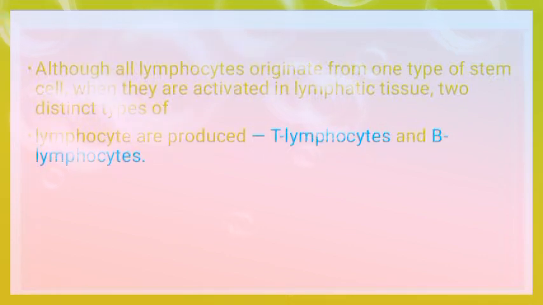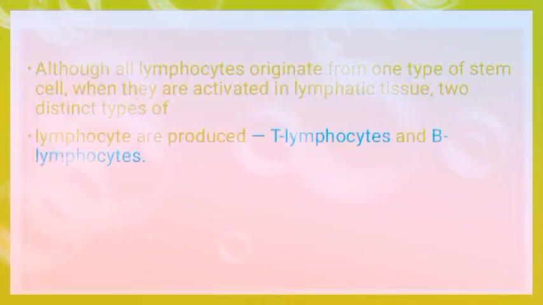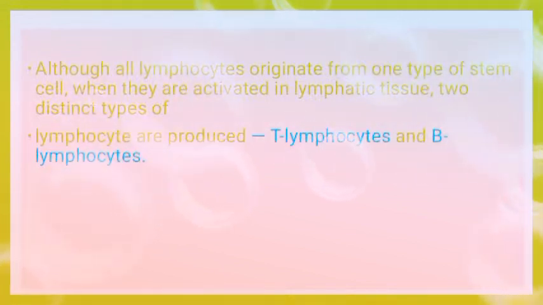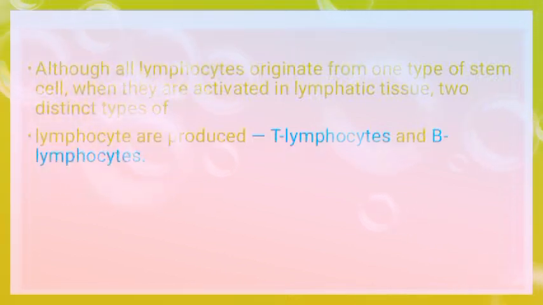So as they are developing to become immunocompetent, they are going to divide into two distinct types of lymphocytes, which are the T lymphocytes and B lymphocytes. T lymphocytes are the types of lymphocytes that are essential and work in cellular immunity.